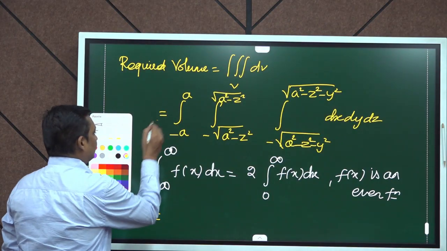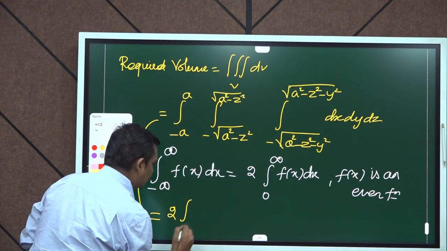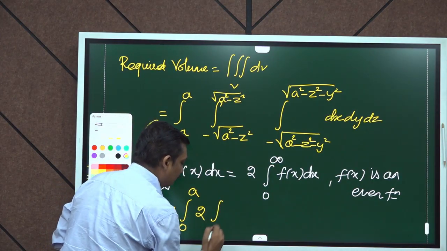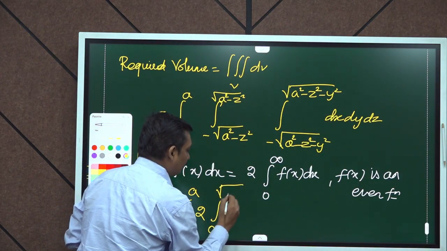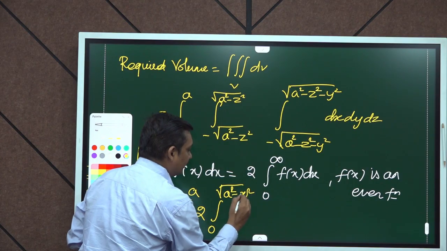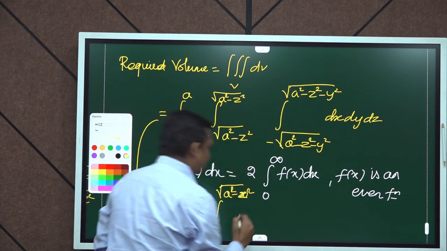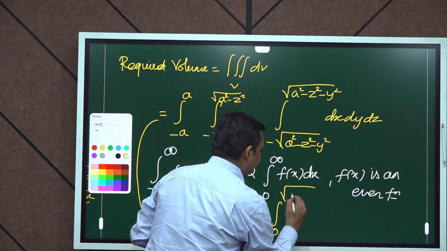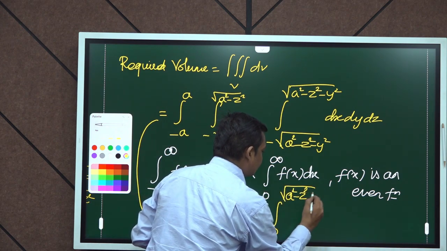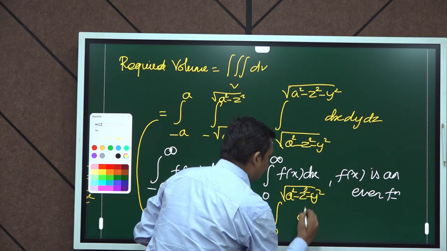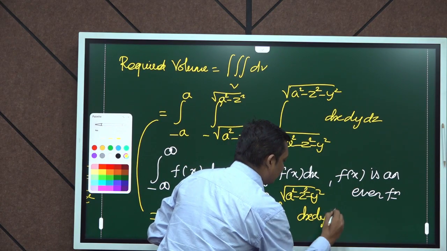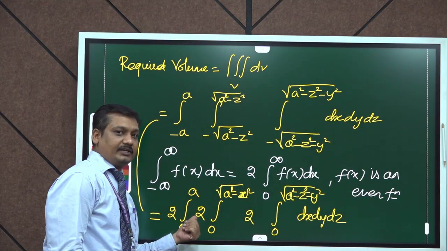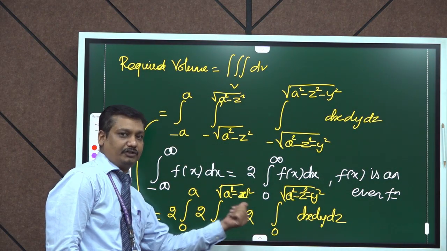The limit is 2 into 0 to a, and here we have the same kind of limits: 0 to root of a squared minus z squared, and the next one 2 into the integral 0 to root of a squared minus z squared minus y squared, dx dy dz. So finally we get 2 into integration, 2 into integration, 2 into integration.